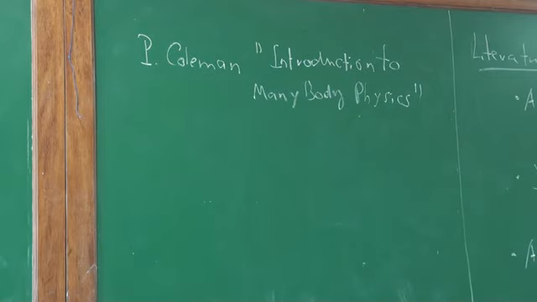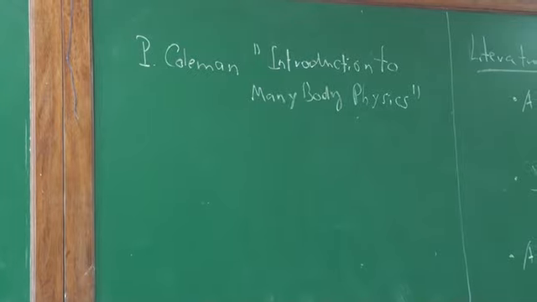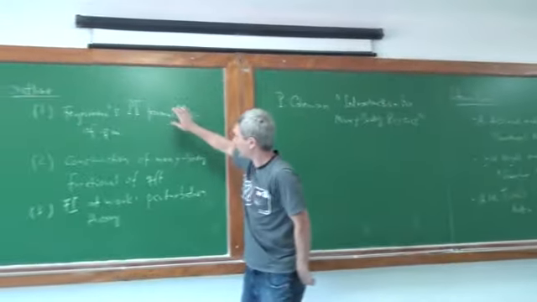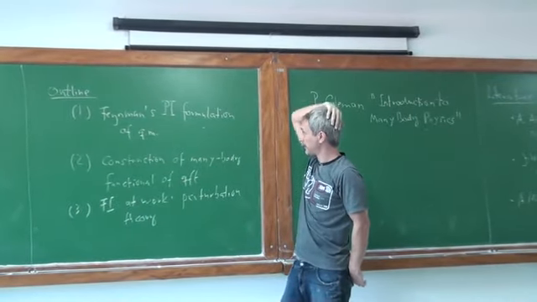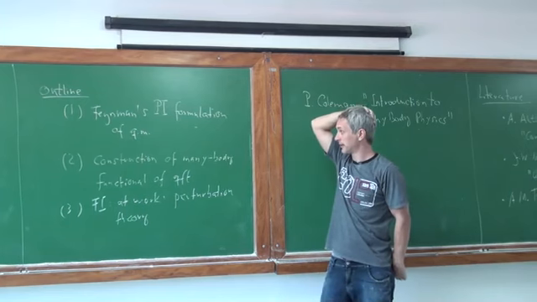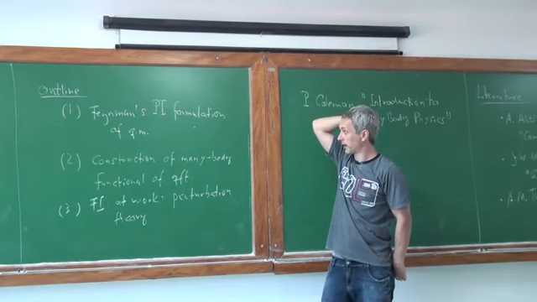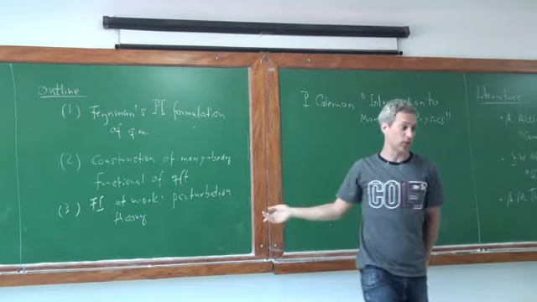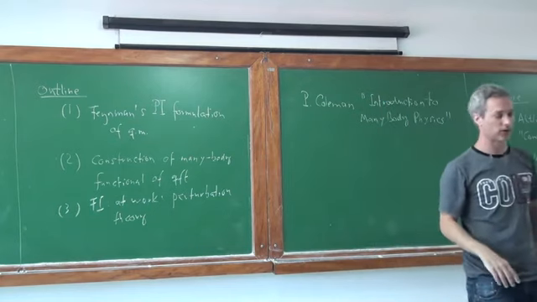Then maybe we can still start with a very brief introduction here. We want to first look at Feynman's formulation of quantum mechanics. Next lecture we will really go into detail and see how to construct path integrals.